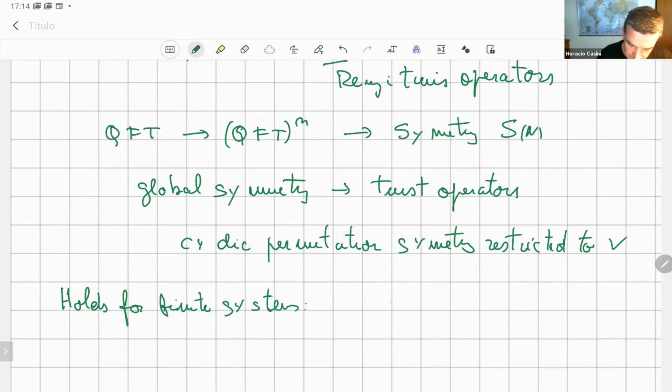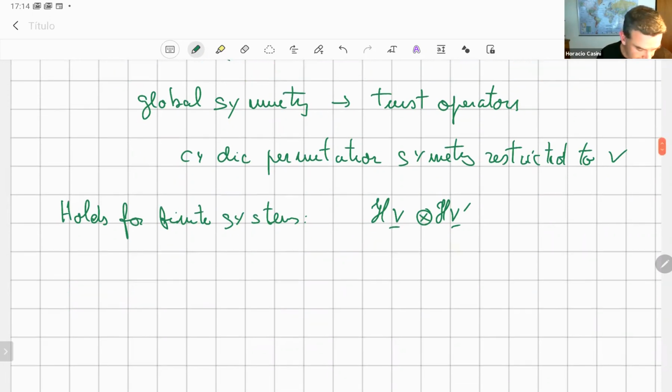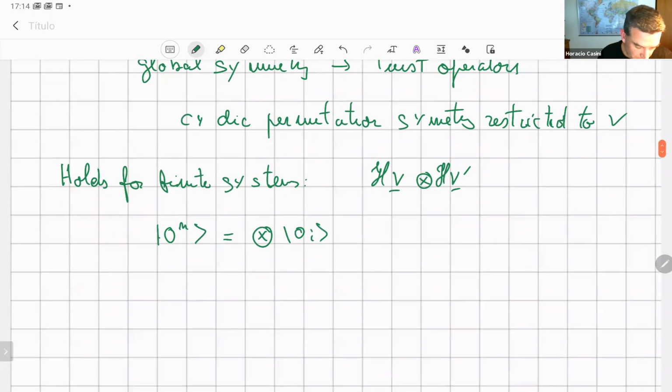Suppose you have some system with some partition V times V prime of the Hilbert space. So you have a Hilbert space, I'm calling here a region and the complement, but it's just a partition, a bipartite system. And then you can produce the n replicated system and the replicated original state, or vacuum state, or whatever state you want, which is just a tensor product of the vacuum state for each copy.